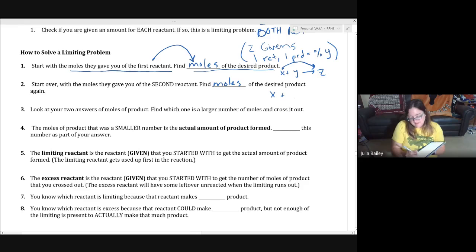This time it'll be like X plus Y yields Z, and you'll do a mole bridge into the unknown, but this time from Y, reactant number 2, to Z, your product.